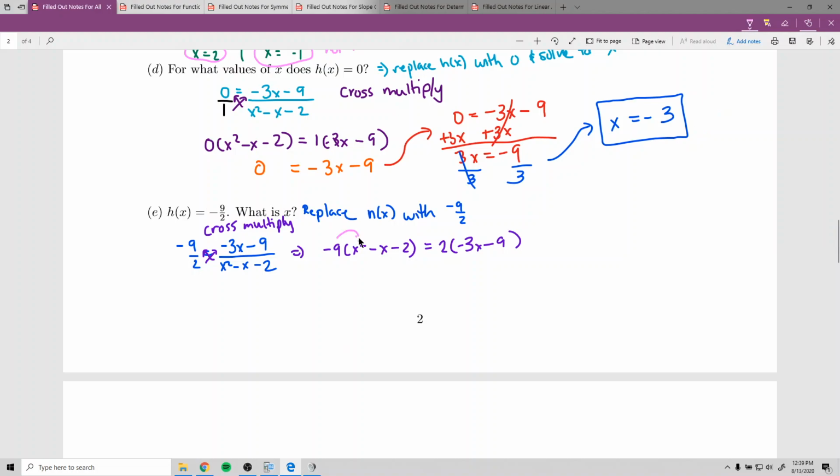Right, now we need to distribute on both sides, the -9 on the left and the 2 on the right. So that gives us negative 9x squared plus 9x plus 18 on the left. On the right, distribute the 2. We've got negative 6x minus 18.